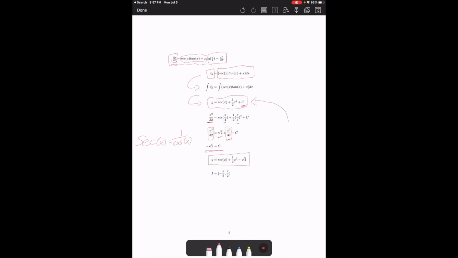Well, that happens at negative pi over 2, pi over 2, 3 pi over 2, and so on. So we're going to find the interval where we can fit in the x value that we worked with, which is pi over 4. So the interval of interest here is from negative pi over 2 to pi over 2, because that is the interval where cos x will never equal 0 and pi over 4 resides in there.